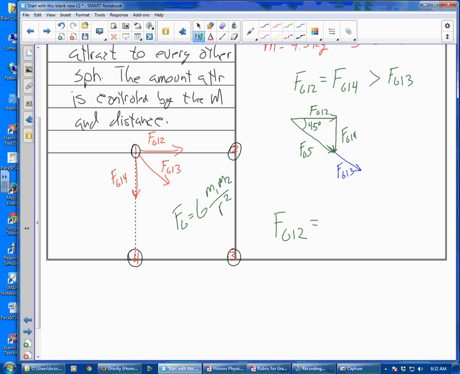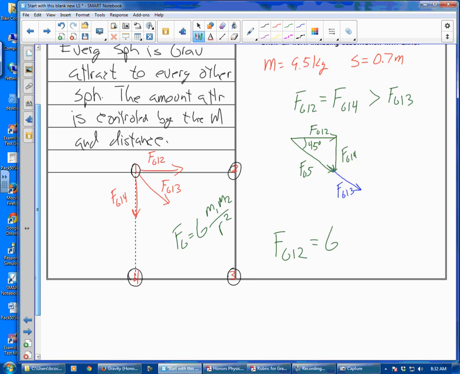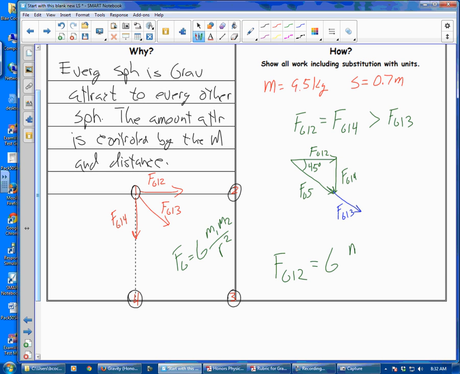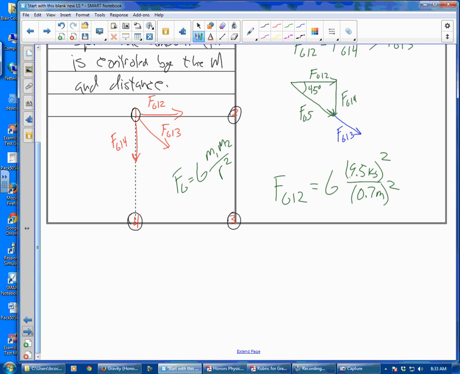So FG12 would be big G, M times M, which would be M squared, over 0.7 meters squared. So my M is, for me, 9.5 kilograms. And that should be squared.